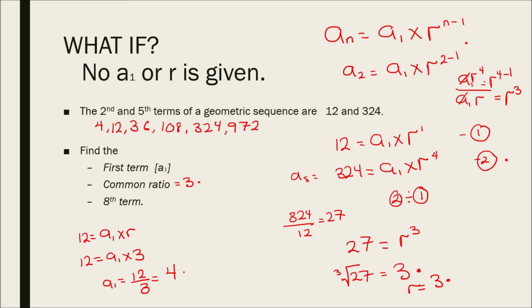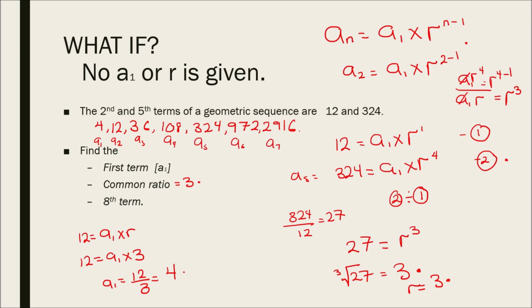Okay, 972 times 3 should give me 2916. So a1, a2, a3, a4, a5, a6, a7.